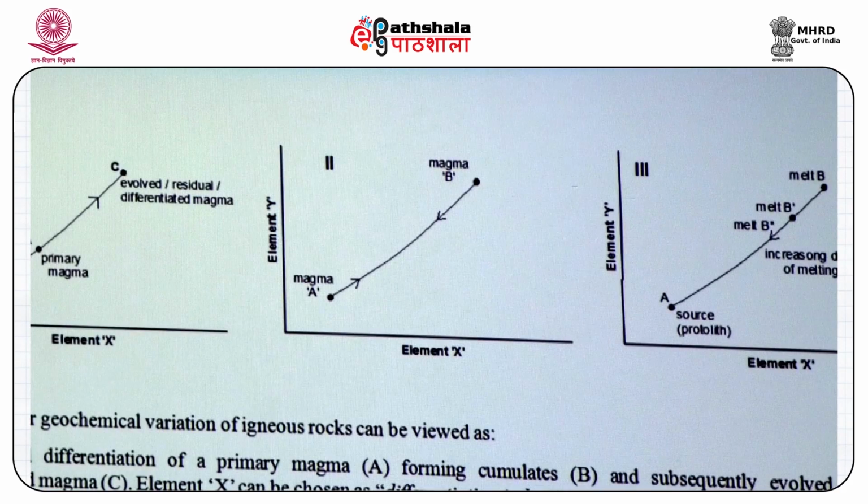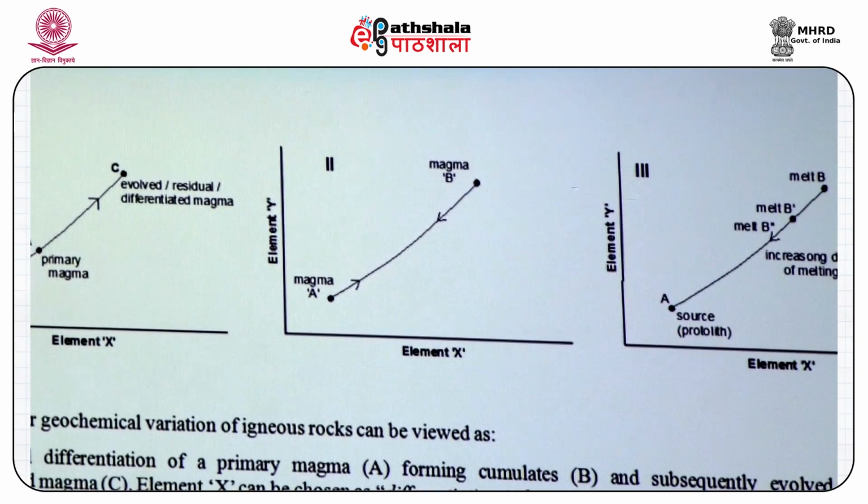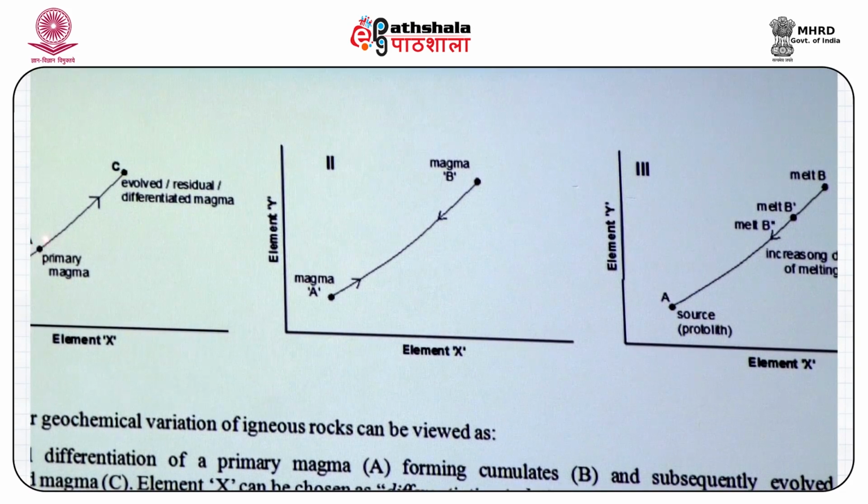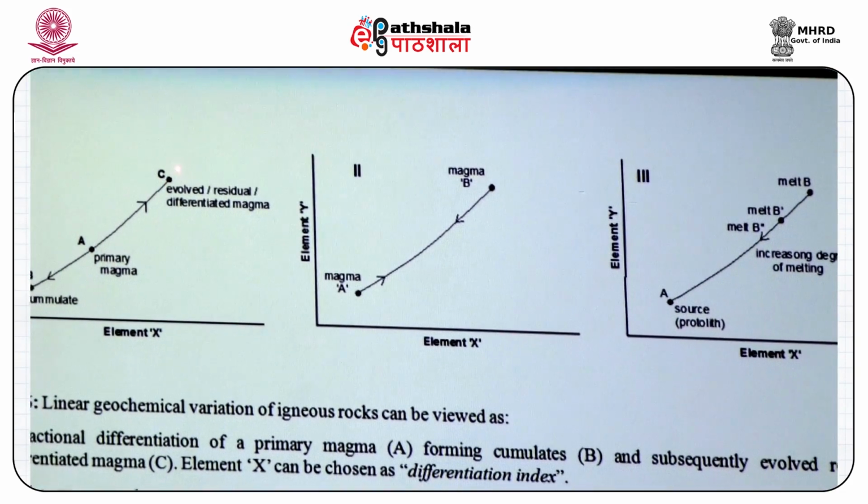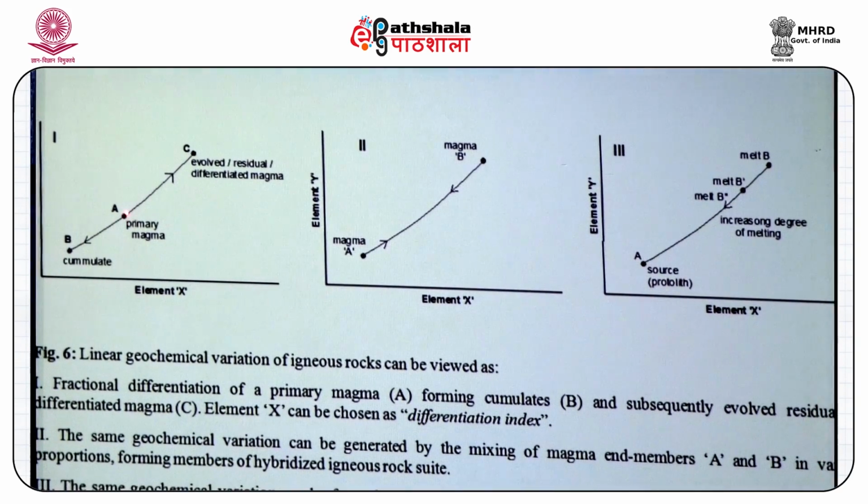Now you can see another diagram to explain. Say, for example, this is the primary magma, the magma which is generated. When it starts evolving and fractionating, the material which will crystallize, say olivine, will come here and the composition of magma will move this way. So this is the original magma.